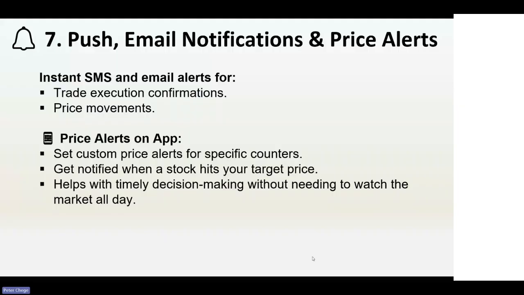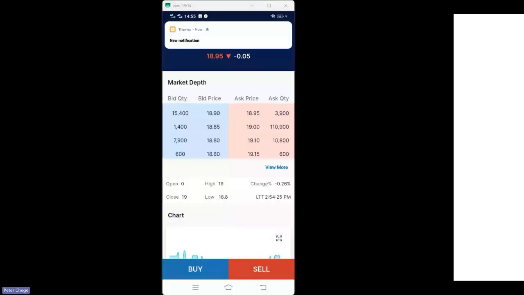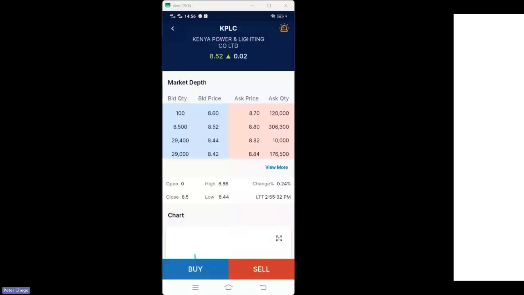Let's go back to the app. For you to set price alerts, let's go back to the watch list. You go to the counter that you want. We can put a price alert for KPLC. Now you see the icon there on the top right, that looks like, what do I call it, like a bulb.